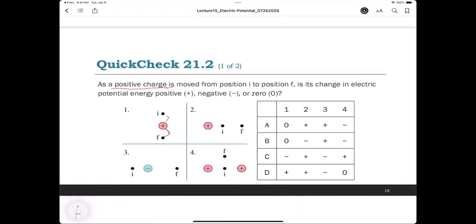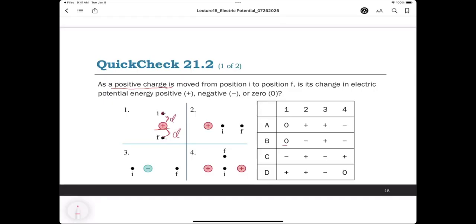If one positive charge moves from here to here, there is no change in the electric potential energy. Am I right? Because here and here, it is the same situation, since this distance is the same. So it should be 0.